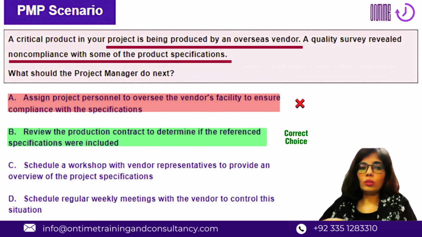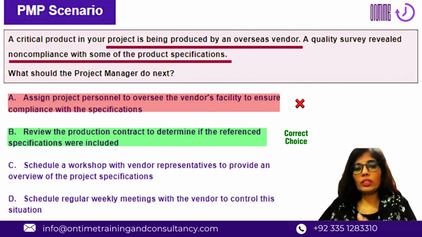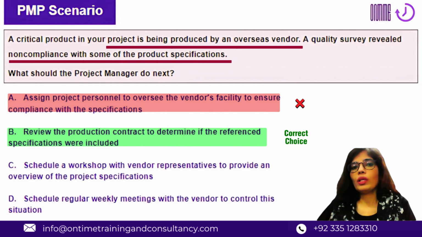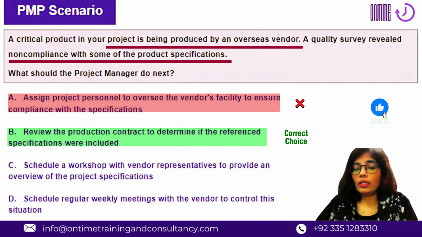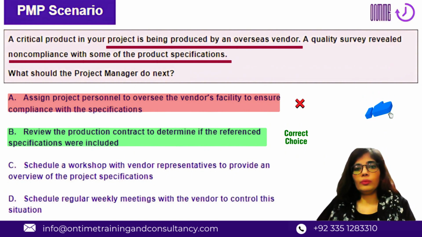You just go to the vendor's facility to check if they are complying with everything that was agreed upon between you and them. Could be a possible option, but not as an immediate step to take.